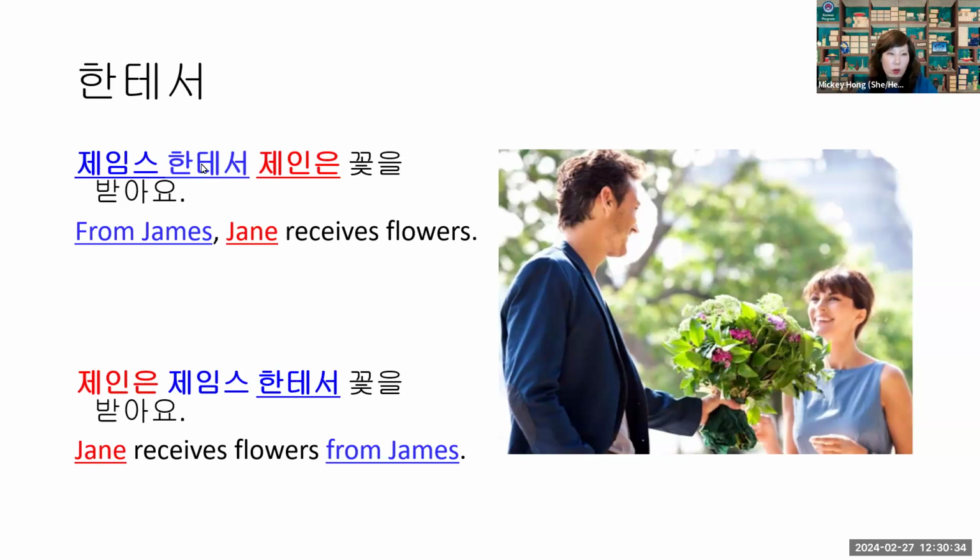James is the source, but Jane receives. So she is the subject topic. 제인은 제임스한테서 꽃을 받아요. Okay. Still, Jane is the subject topic, not because she's in the front of the sentence, but because it's a particle that marks the topic, subject, object, location of a sentence. Okay, and the verb always goes at the end.